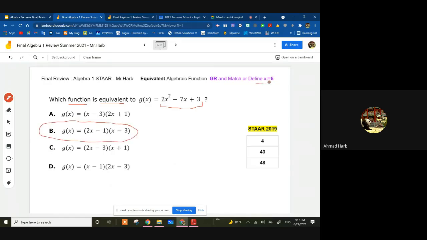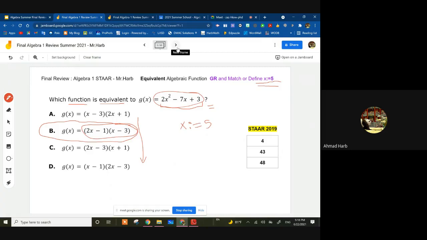You can use a define if you like, by typing x define 5. You can do that as well, and that should give you the same answer. Whatever number you get here, you match it with the numbers of the answer choices. This is matching to this. So you can use the define in this one.